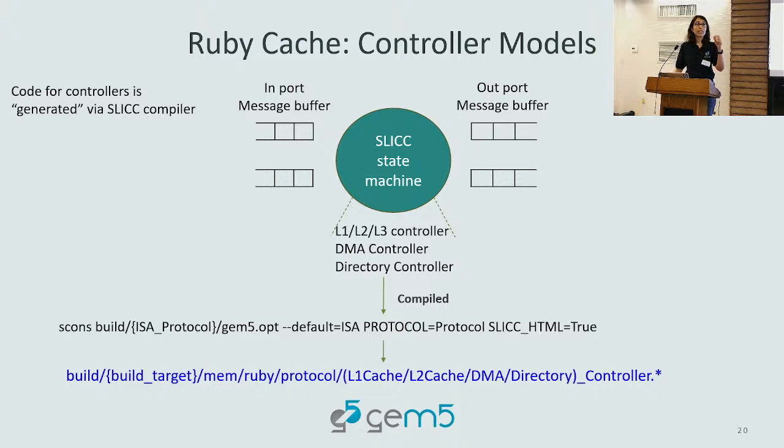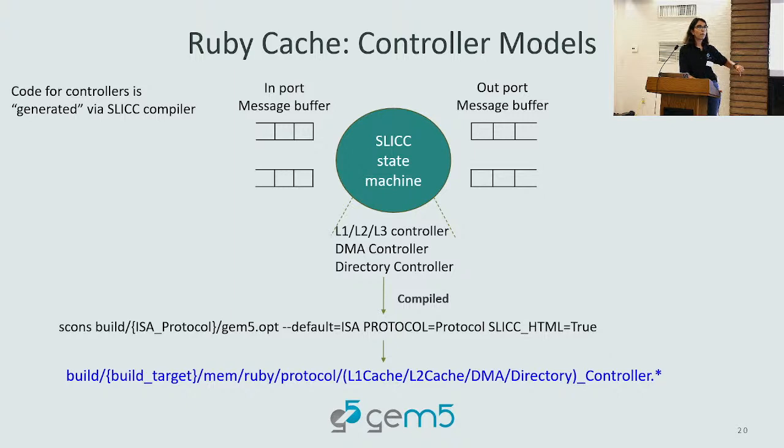So if you want to tell it to build your binary with a specific coherency protocol, you have to specify that coherency protocol. For instance, at the beginning, we built this using MESI two-level. If you want to change your coherency protocol to something else, like MOESI Hammer or something else, you have to specify that in the protocol option over there. Did that answer your question?